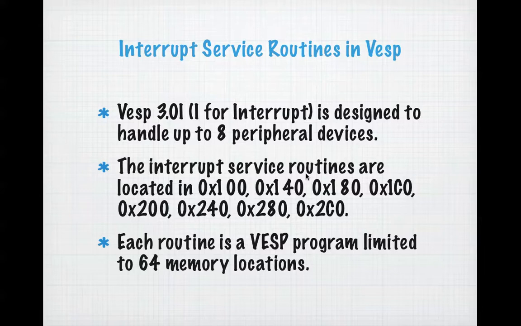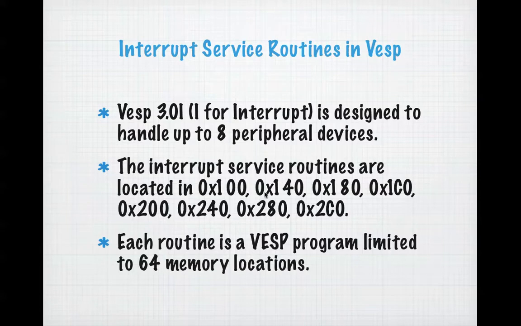For example, we just have to displace the initial location of 0100 by that multiple of 64, which is given by the ID of the device that requests service and has won the priority game, if you like.